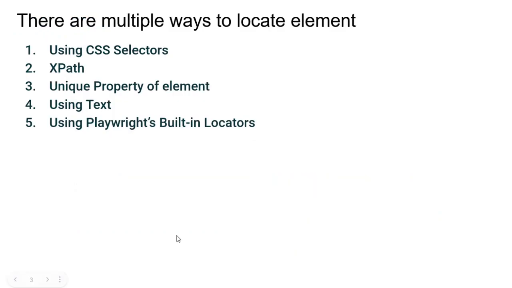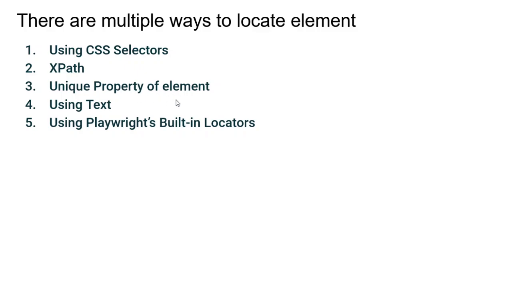There are multiple ways to locate an element. So to locate those elements, we can have different types of ways in Playwright. Playwright supports CSS selectors. We can also use XPath as well. We can also use unique properties of elements.